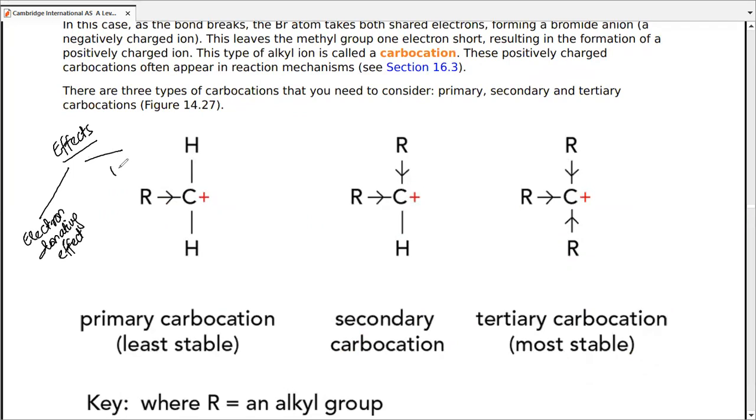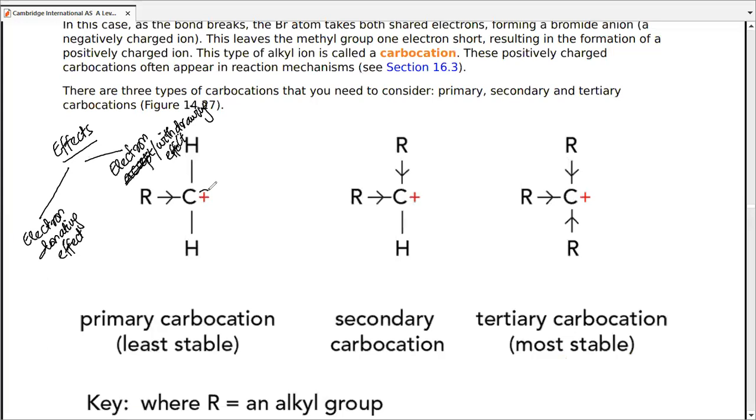Then I'm going to go with the proper names of effects, and then electron withdrawing. Actually, withdrawing is a much better term. Let's not discuss the other word; it is obsolete, not used anymore. So electron donating effect or electron withdrawing effect.